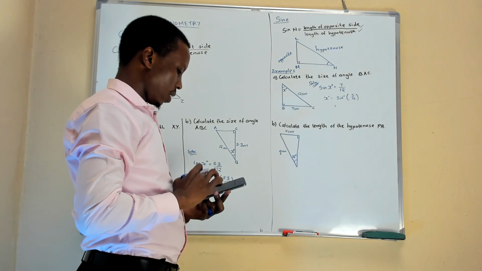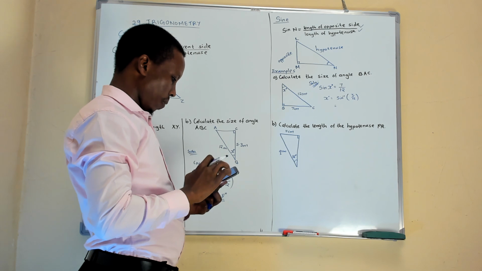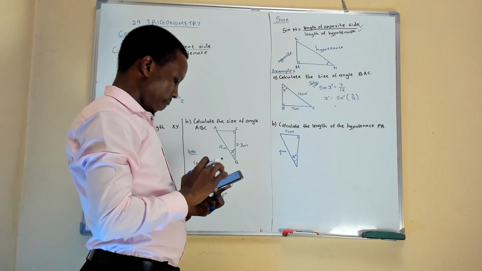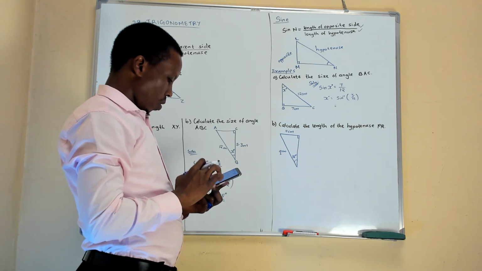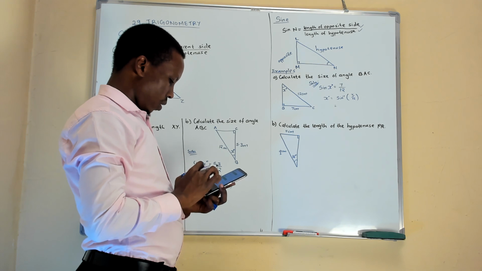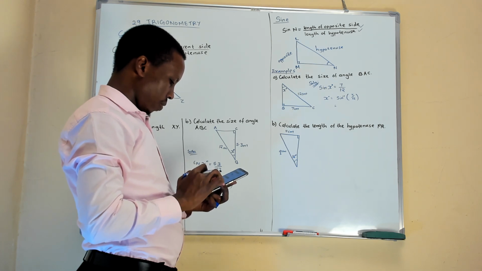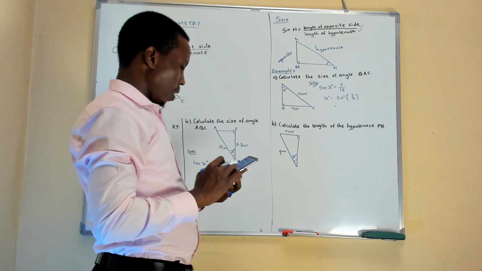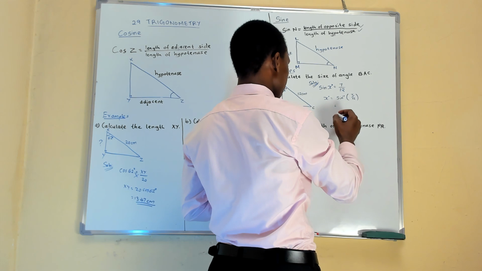Let me do that. Sine inverse of 7 divided by 12 is 35.7.